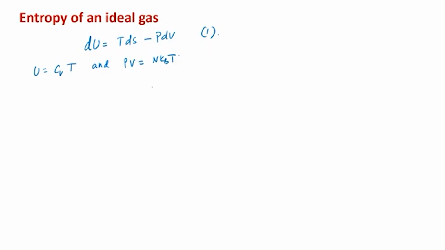Now we can arrange this equation 1, and using these we can write down the change in entropy, which is equal to Cv dT over T. This is dU by T, and dU is nothing but Cv dT, Cv is of course a constant, plus nk dV over V. This is equation number 2, and this we have to integrate in order to get this dS.